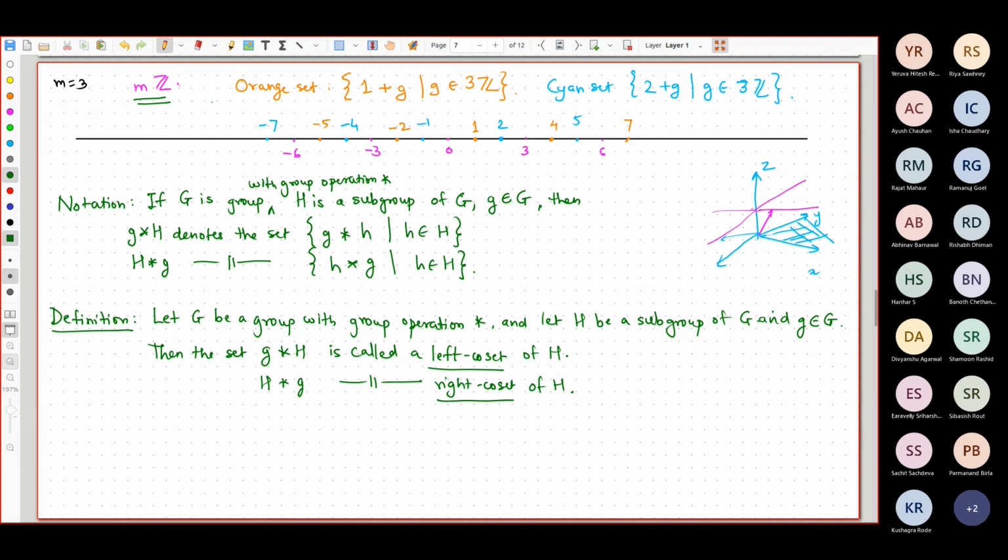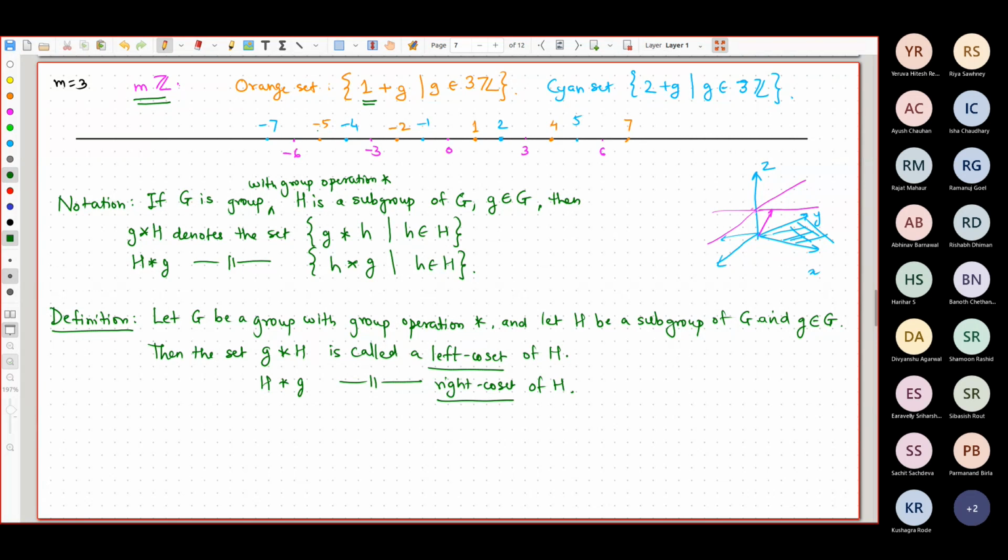I didn't get it. So look at what we did over here. We had a subgroup MZ. We took one element of the original group, let's say in this case the element 1, and we added it to every element of the subgroup. We perform the group operation of that single fixed element with every element of the subgroup.